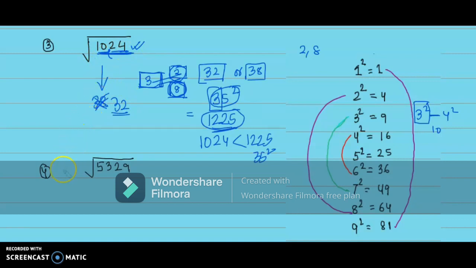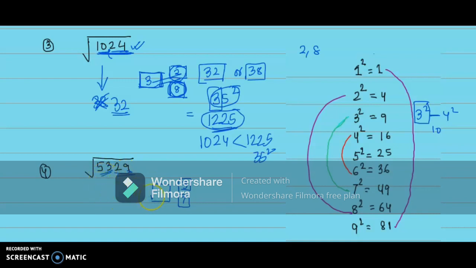Coming to the next question, that says 5329. So again we go for the last number 9. So the units place will be definitely either of the two numbers 3 or 7, and for the tens place you have to decide from this 53.